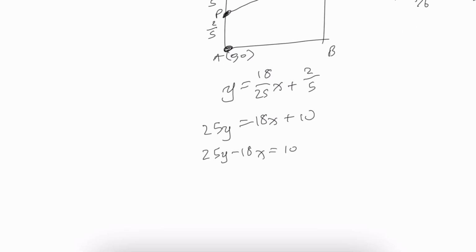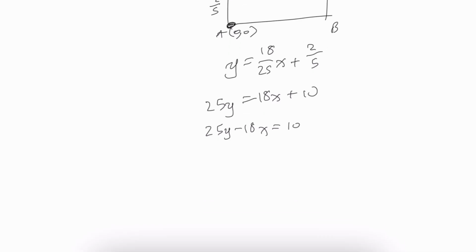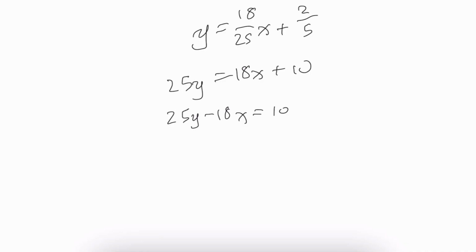And so now, how do we find integer solutions to this equation? Well, note that 25 and 10 are both multiples of 5, and 18 is not a multiple of 5. So for any integer solution to be true, we must have that x is a multiple of 5.